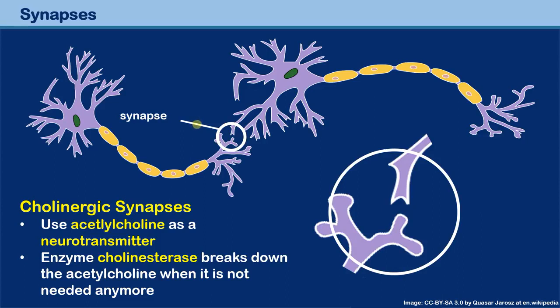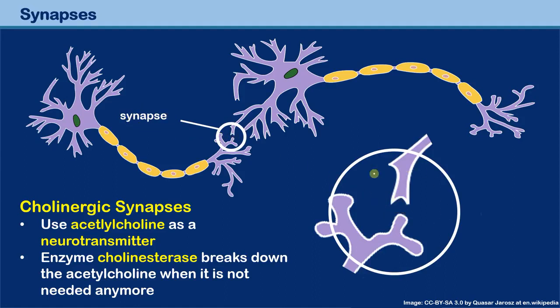Over here you can see two neurons, and between these neurons, over here at the dendrites and over here at the end plates of the axon, you can see that there's a little gap. This little gap is referred to as the synapse.